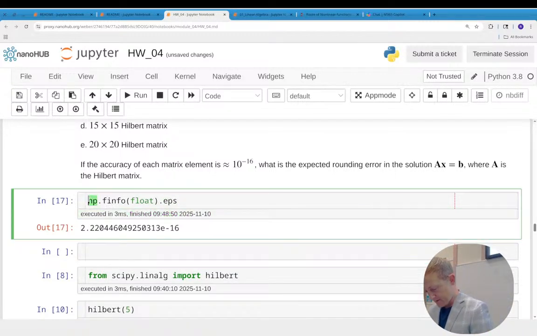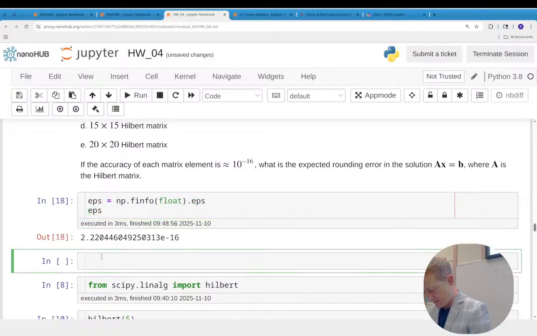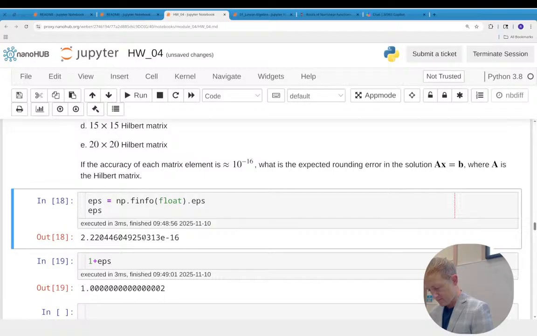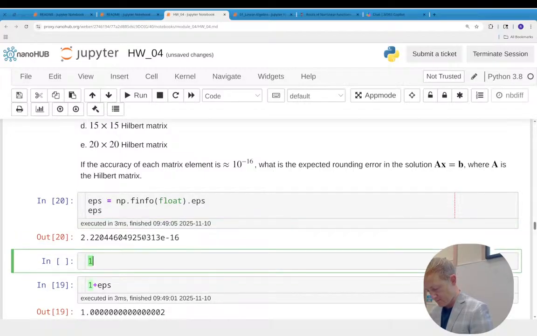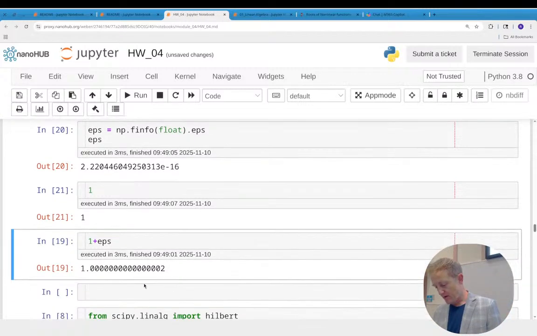So let's call this our EPS. If I take 1, just the number 1, versus adding EPS to it, now it's a floating point number and it has some non-zero thing out here.